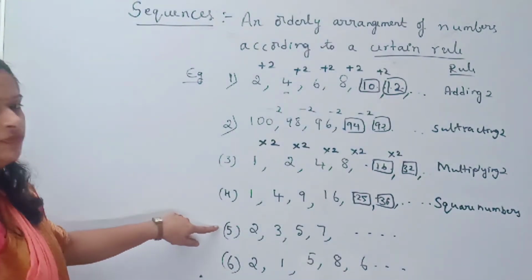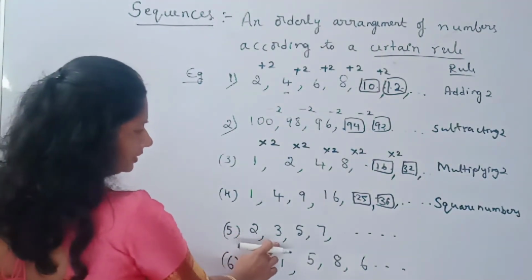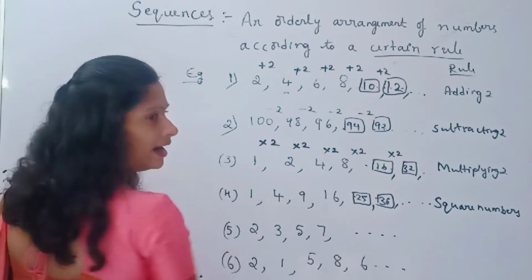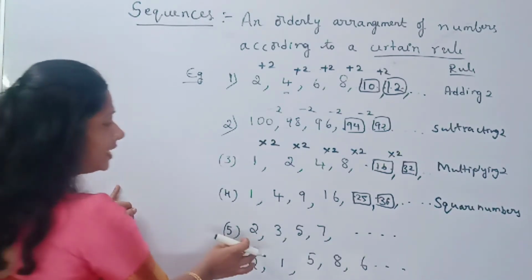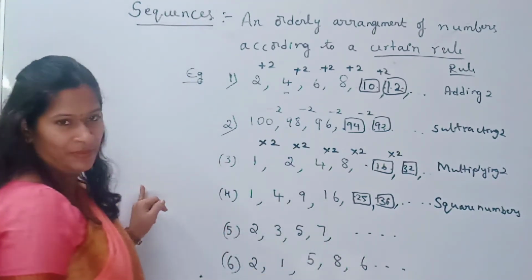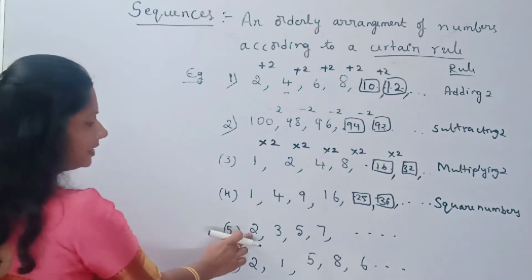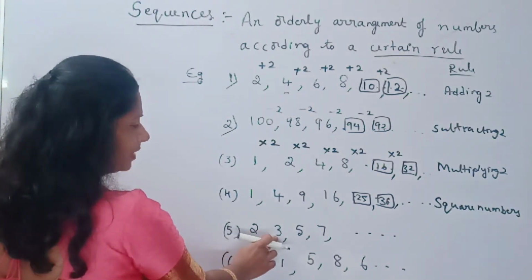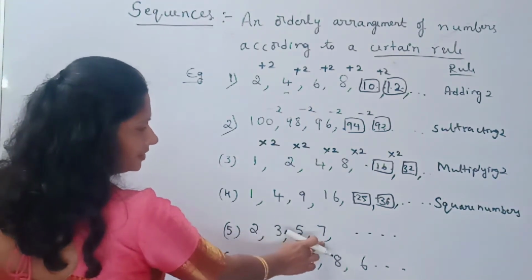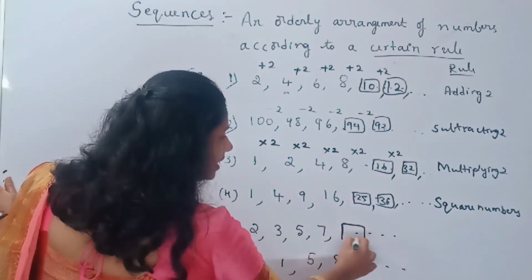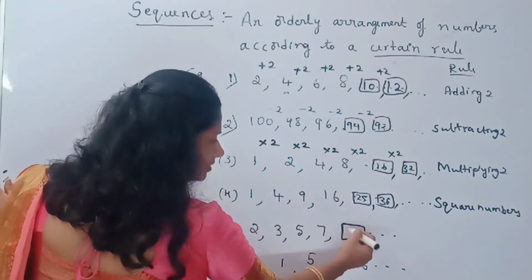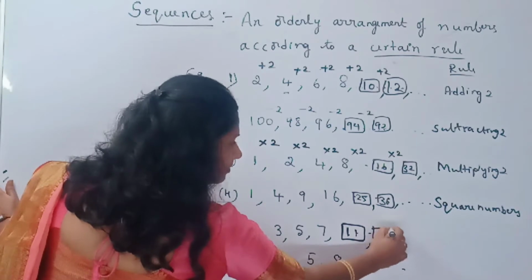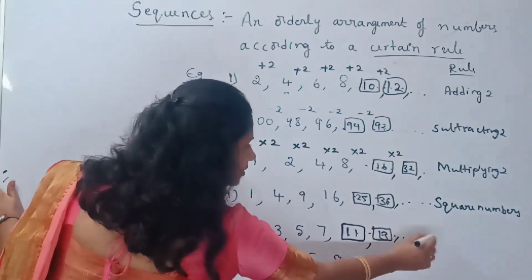Next, see the fifth example: 2, 3, 5, 7 and so on. These numbers are prime numbers, isn't it? 2 is the least prime number. Next prime numbers are 3, 5, 7. So what is my next prime number? After 7 comes 11. Next prime number is 13 and so on.